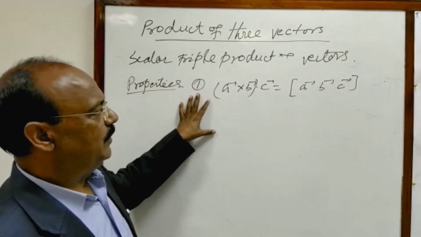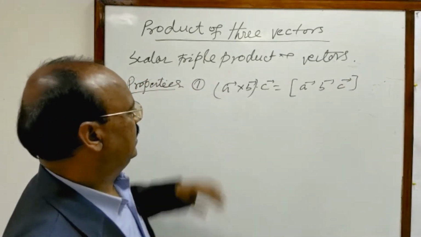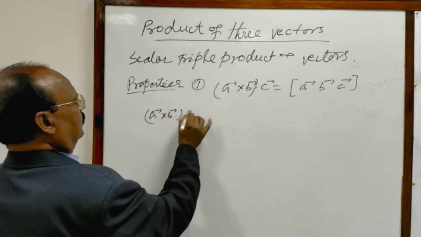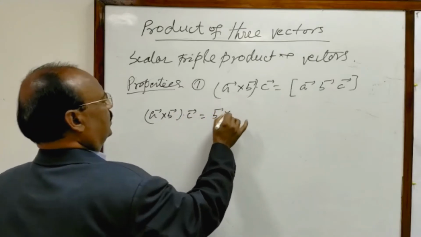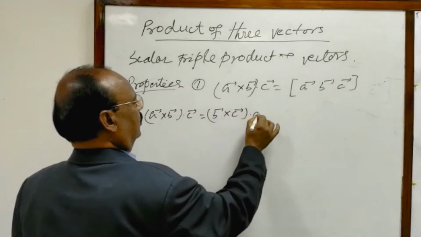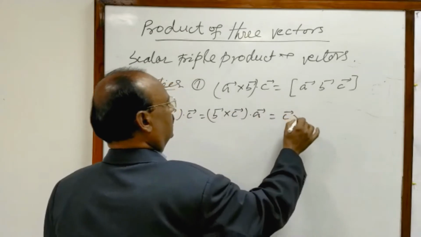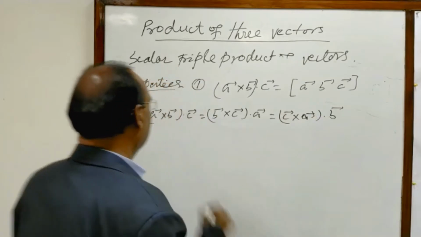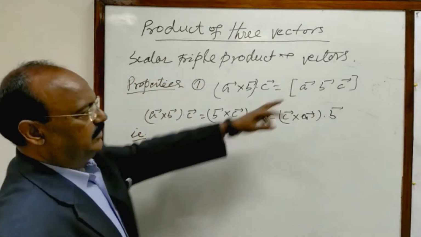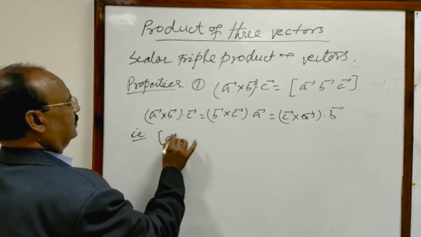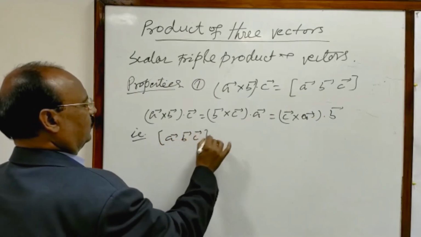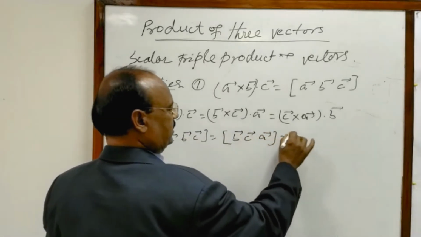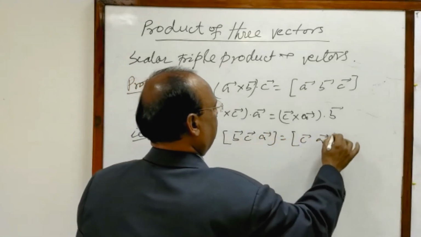So here in this property 1, we have to see that A cross B dot C is equal to B cross C dot A is equal to C cross A dot B. That is, with the help of this notation, we can write ABC is equal to BCA is equal to CAB.